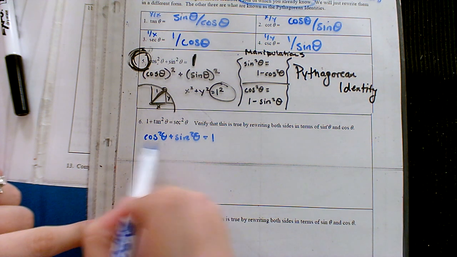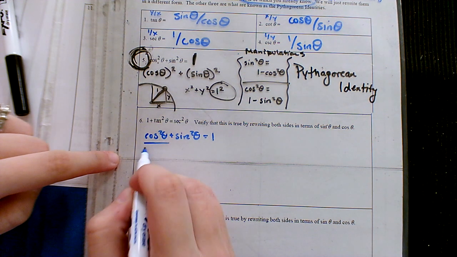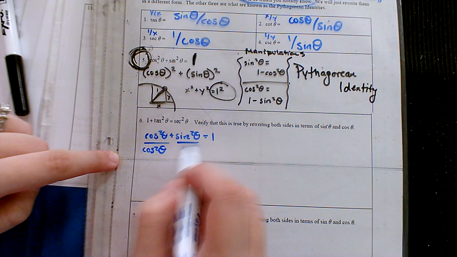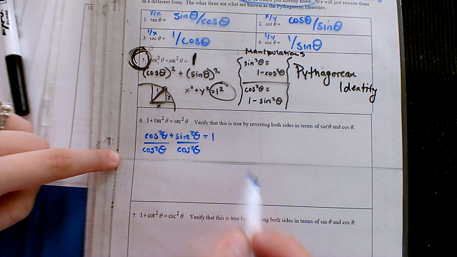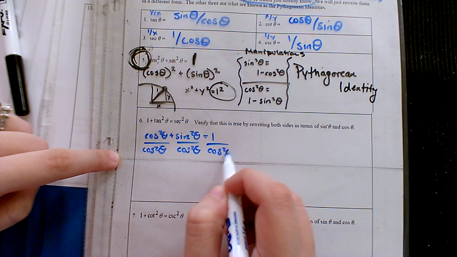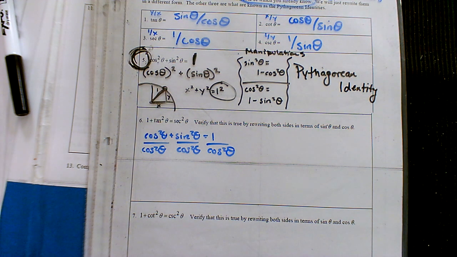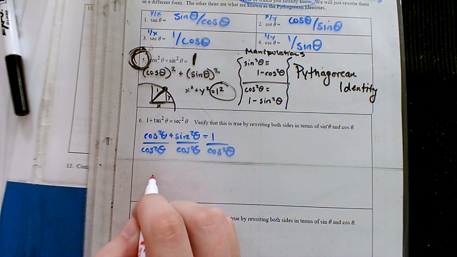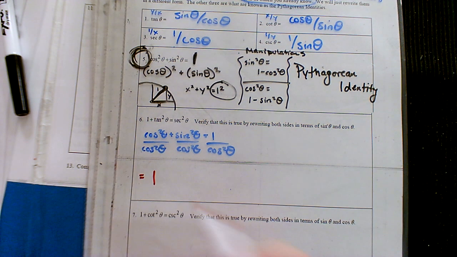So if we were to start with the main one from number 5 and divide everything by cosine squared, let's take a look at what would happen. What's cosine squared divided by cosine squared? Anything divided by itself is 1.